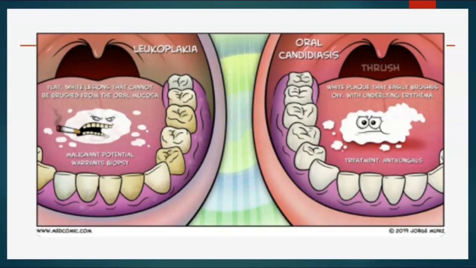Whereas oral candidiasis is a white plaque that easily brushes off with underlying red tissue. And so we treat that with antifungals like a nystatin swish and swallow, or swish and spit.